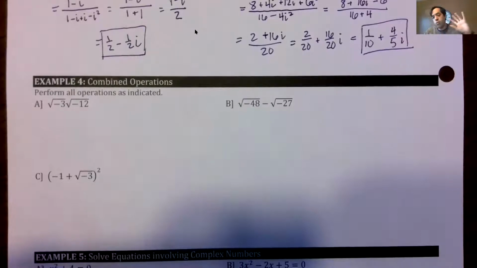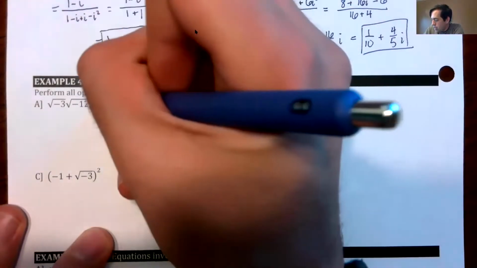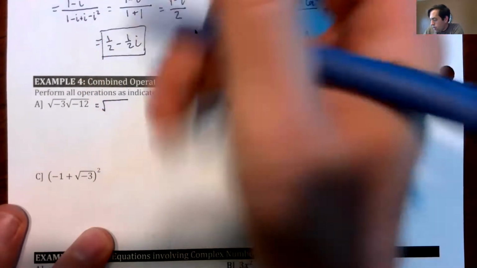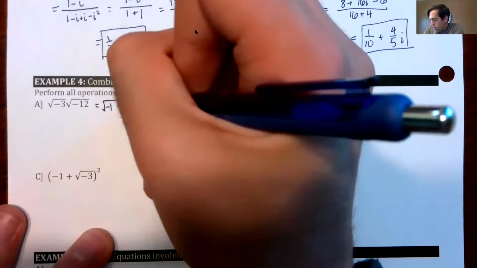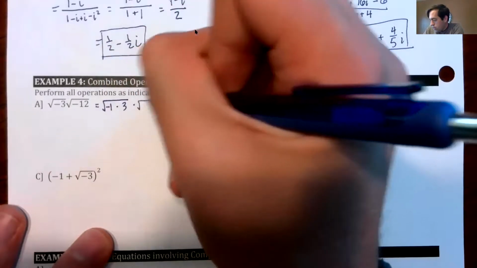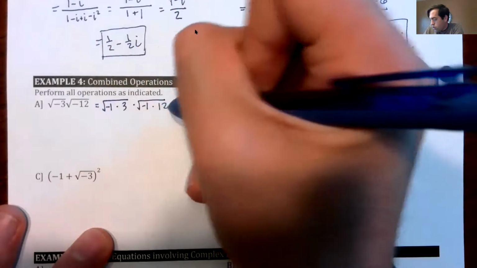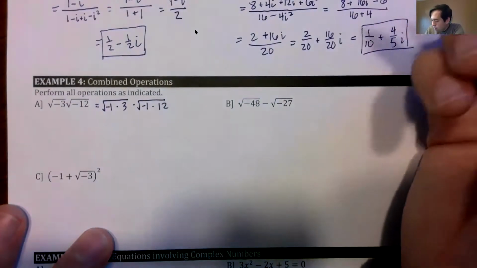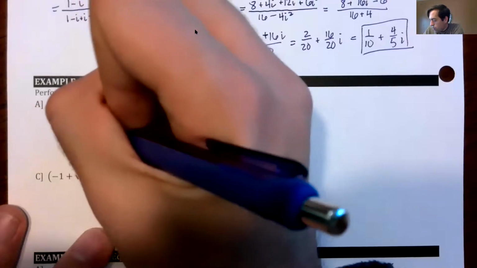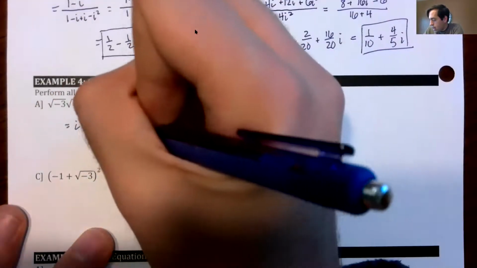So what we need to do before we combine any square roots is we want to pull out the i before we even start. So I'm going to think of this as the square root of negative 1 times 3 and the square root of negative 1 times 12. And then this is really now i root 3, and this is really i root 12.